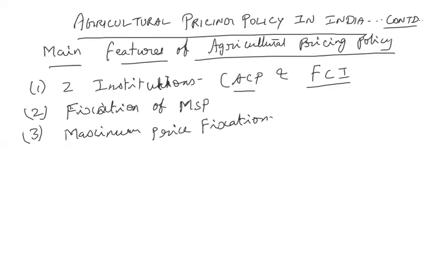And the next one is the procurement prices. There are two different things: one is the procurement price and another one is the minimum support price.